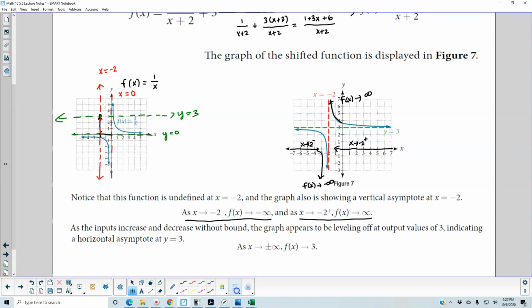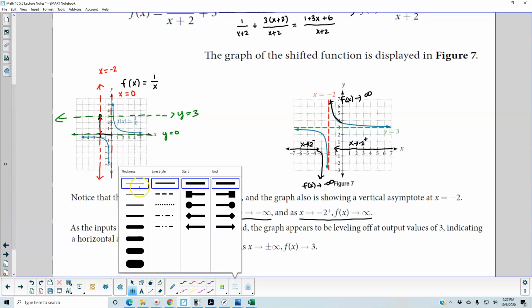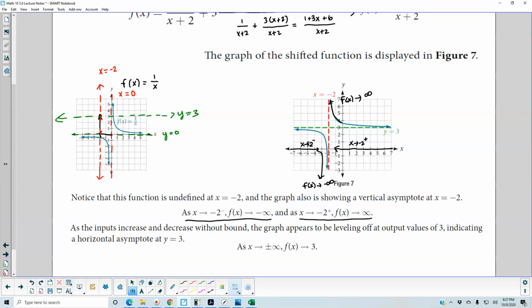And then we can see that as x is approaching positive and negative infinity, so as the x-axis is going towards positive infinity, the function is approaching the horizontal asymptote of 3.